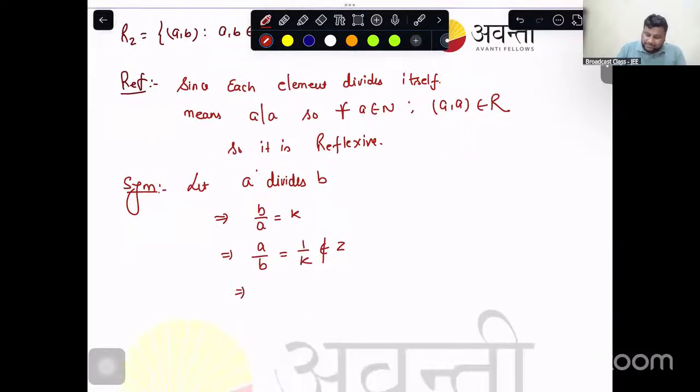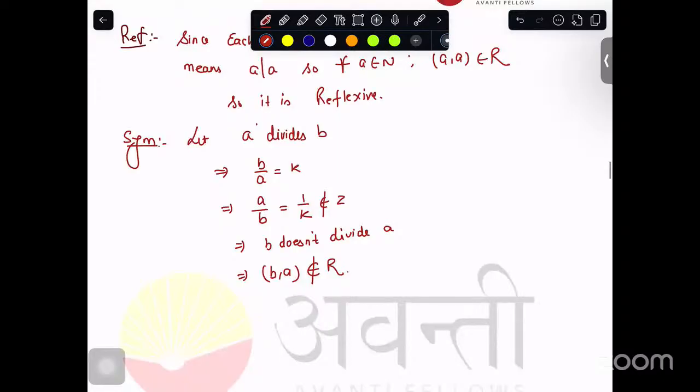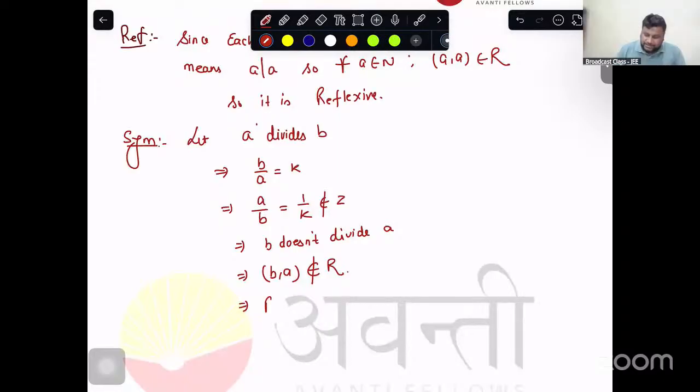That implies B does not divide A. That means B comma A does not belong to relation R. Up to this point, is it okay? Am I clear? Yes, sir. So this implies the relation is not symmetric.